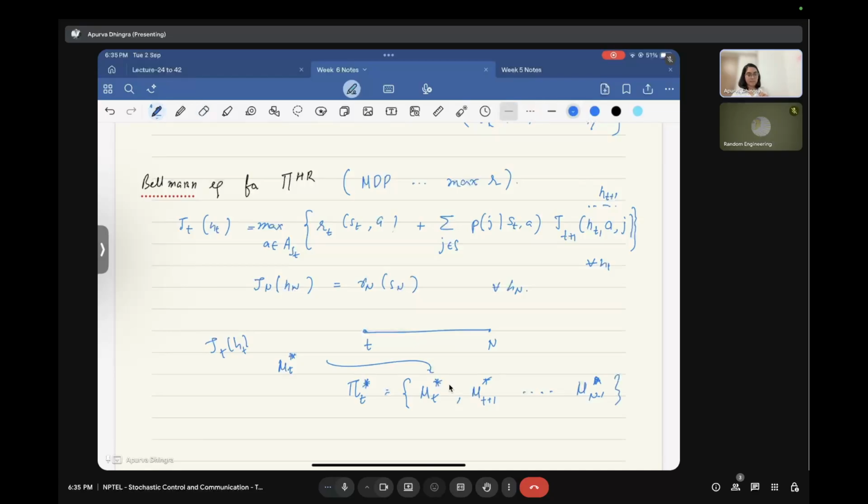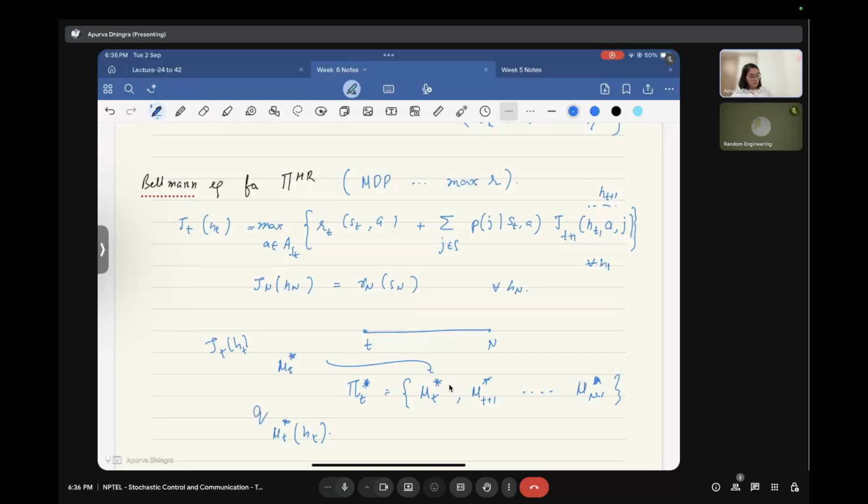Here these mu t's could be history dependent and come in the form of some randomization. All of that can be taken care of in the way this is defined. Okay, so far? Yeah.